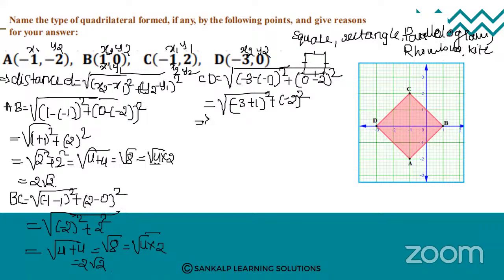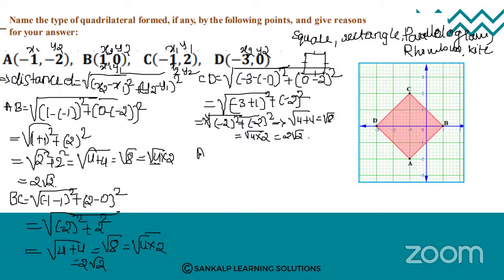So what do you get? Square root of minus 3 plus 1 means minus 2 whole square plus minus 2 whole square. So minus 2 whole square is 4 plus 4, that is equal to root 8. This can be written as 4 into 2, that is equal to 2 root 2. Again you will get 2 root 2.